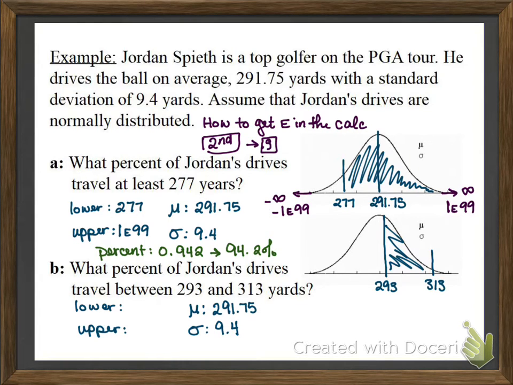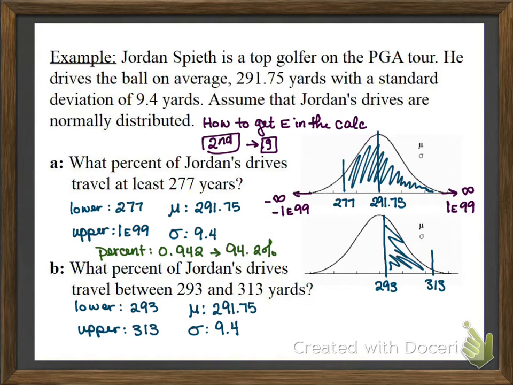The mean is 291.75 and the standard deviation is 9.4. Our shading starts at 293 and ends at 313. If you have 2 boundaries, our shading does not go to either tail, so we're not going to use negative infinity or positive. Our lower is 293, our upper is 313.